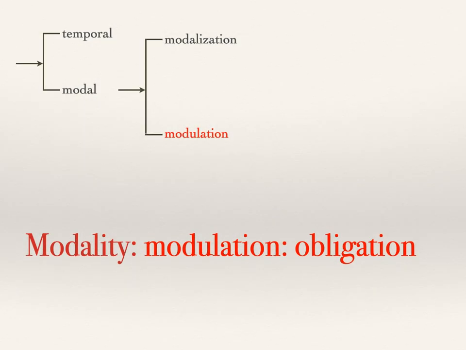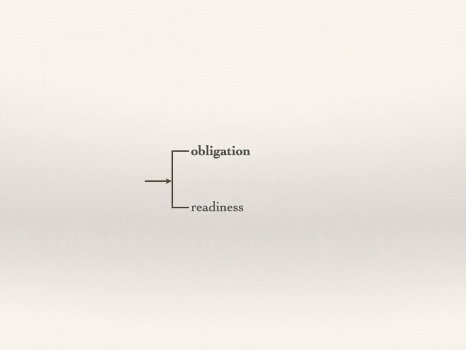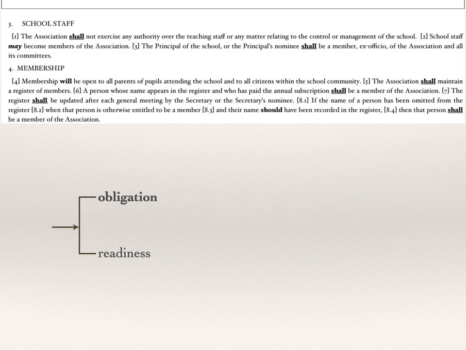Let's start with obligation. So modulation has two subtypes, obligation and readiness. And I said within readiness, the dominant category is inclination or willingness. But let's look at obligation first. Here's an example of a text from a register where obligation dominates.